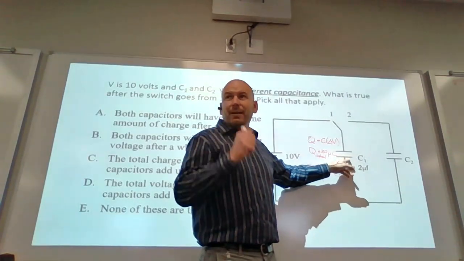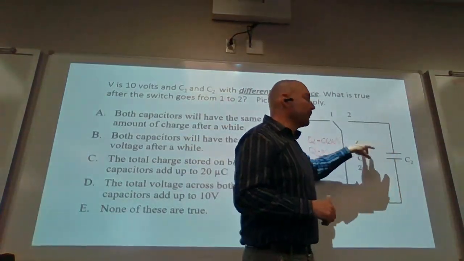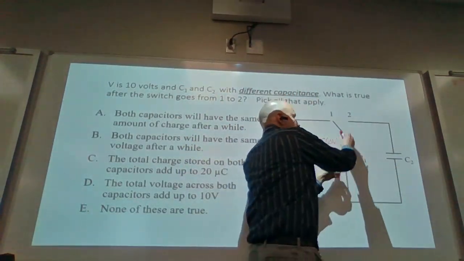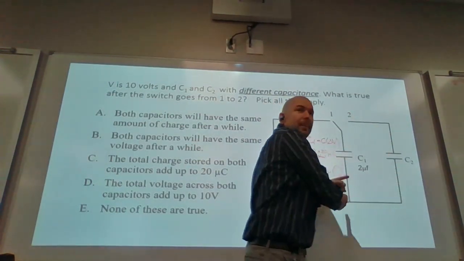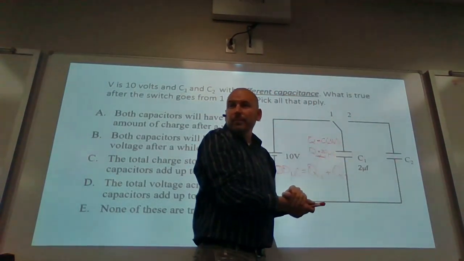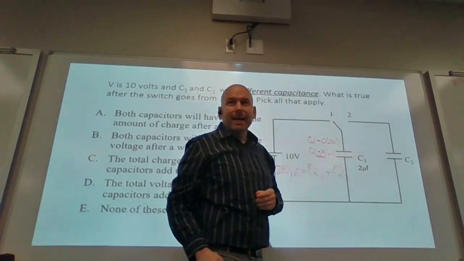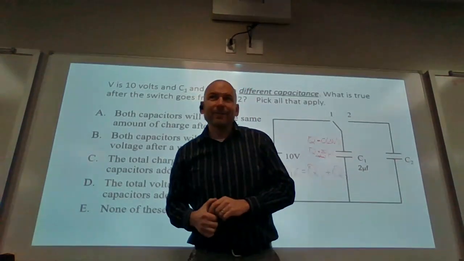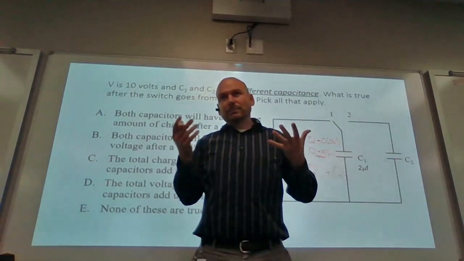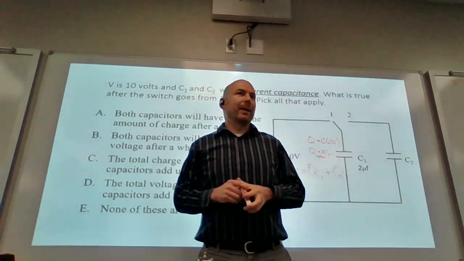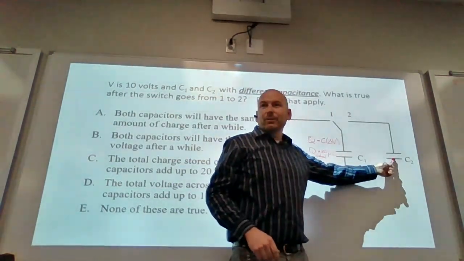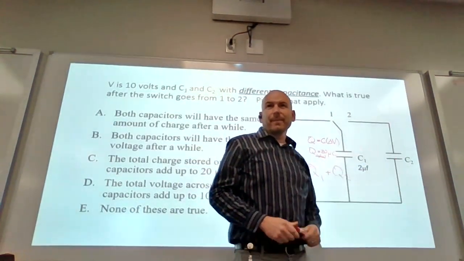It's something less. It's going to go until these voltages are the same, because voltage gain has to equal voltage drop. It's not 10. It's probably not 5. It's somewhere. I mean, it would be 5 if this is identical.